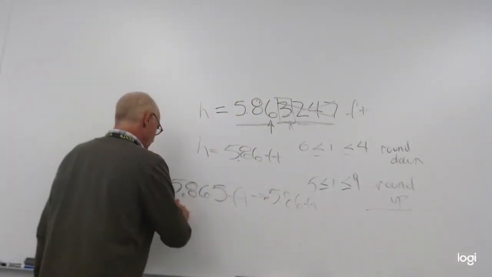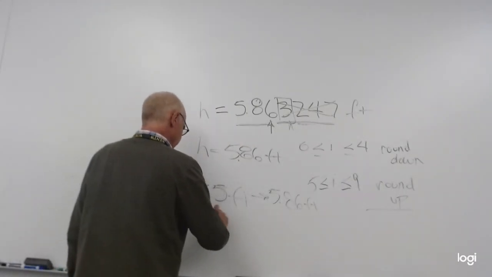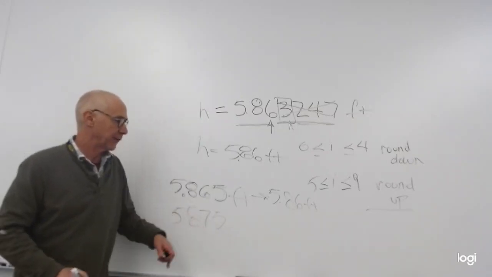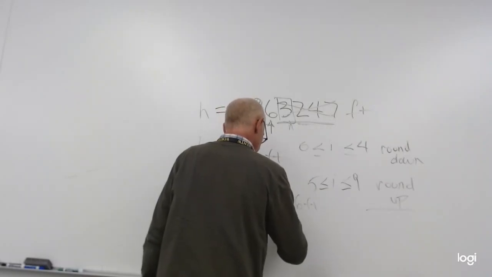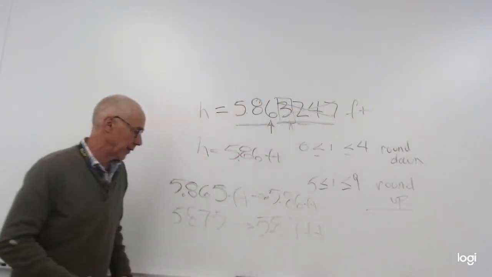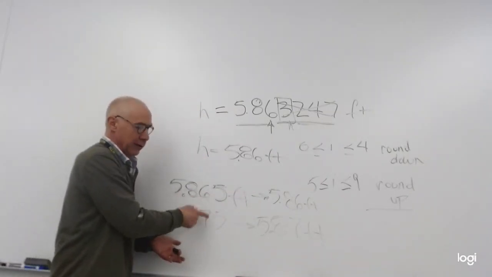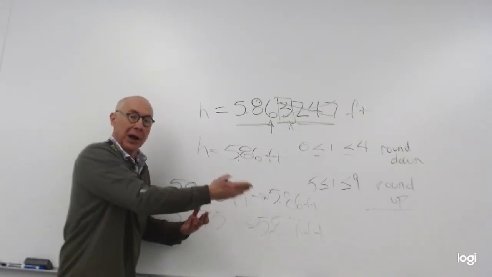And if this were 5.875, because this 7 is an odd number, then this will be 5.87 feet. But remember, this odd-even rule only applies if you have a 5 on that next digit.